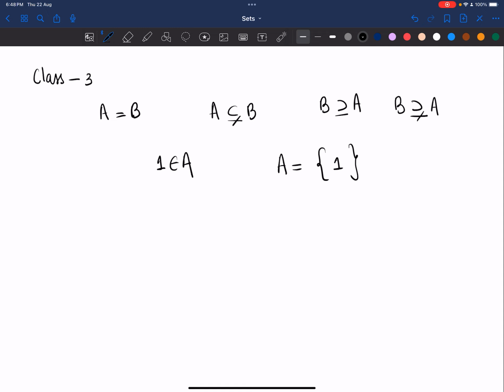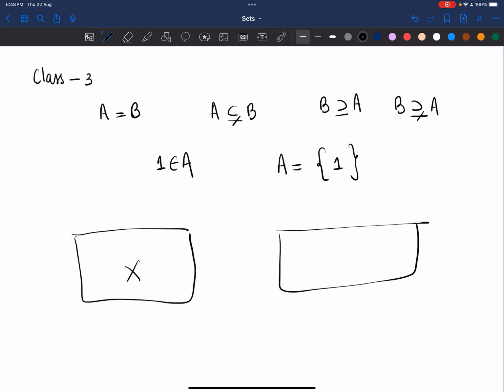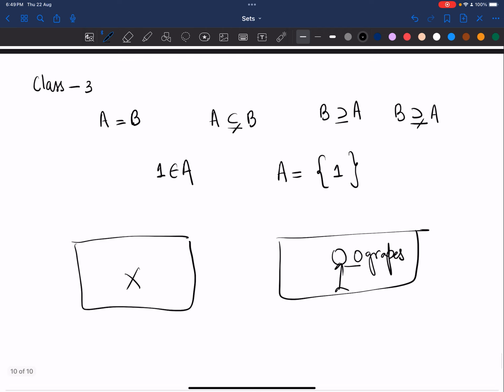Now we are going to talk about a situation where there is a room and there's nothing in the room, which is a bit different from there is a room and there is a man having no grapes. The difference is there is no man holding a grape, but here there is somebody holding 0 grapes.